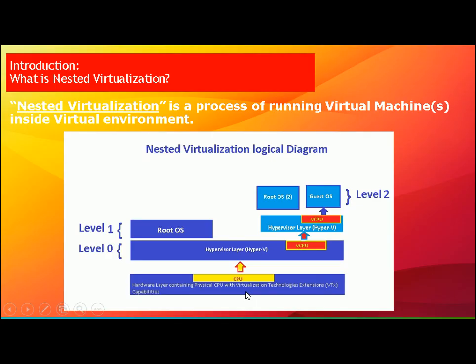What is virtualization technology extensions, what is VT, what is VT-x, we will see a bit later, but as of now you can just note down that our physical machine's CPU has the VT-x capability, and this is important, because this is one of the main prerequisites of nested virtualization: your CPU should be VT-x enabled, not just VT, VT-x.